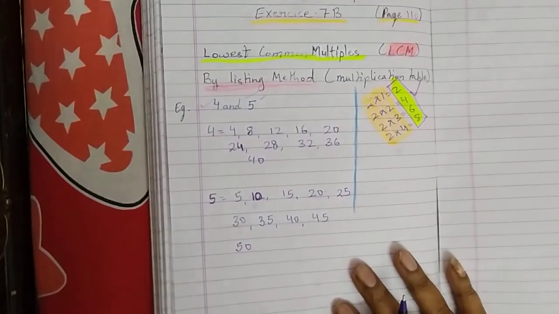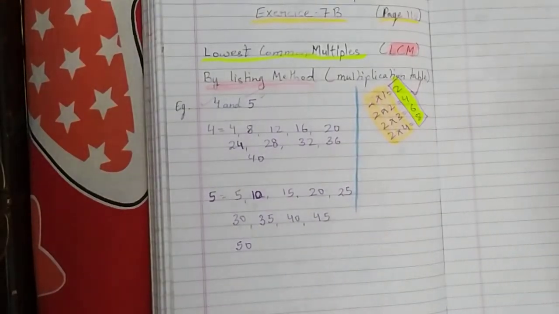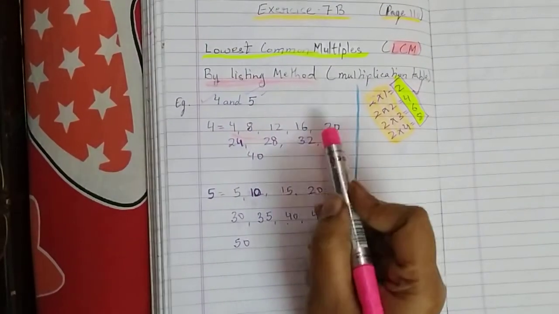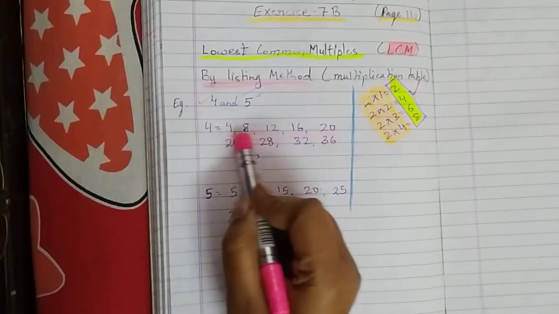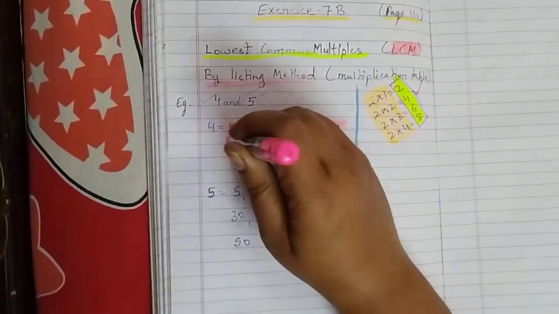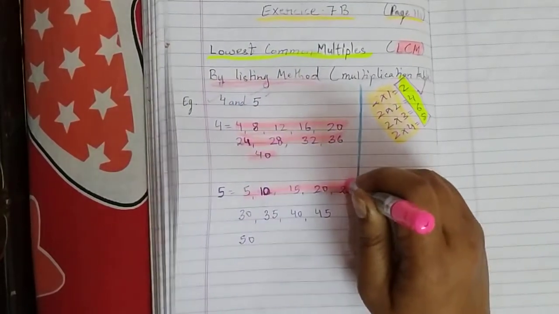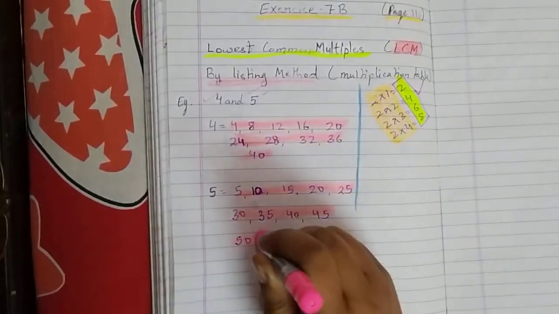Yes, what is this, children? These are multiples of 5, and those are multiples of 4. Clear? This much is clear.